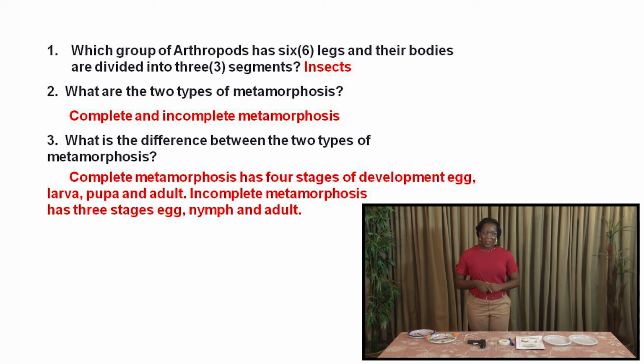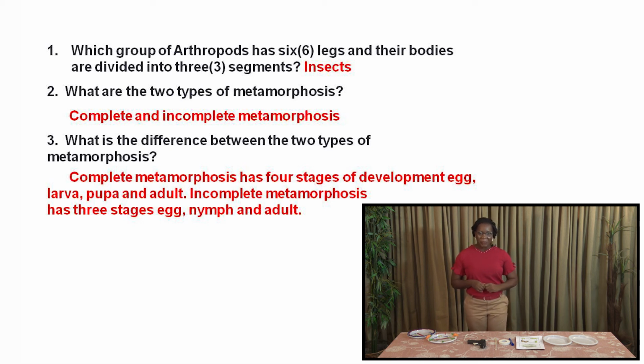What is the difference between the 2 types of metamorphosis? Complete metamorphosis has 4 stages of development: egg, larva, pupa, and adult. Incomplete metamorphosis has 3 stages: egg, nymph, and adult.